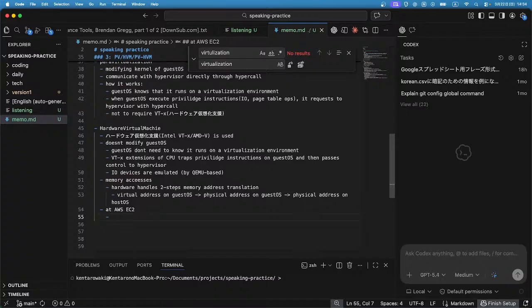And Windows AMI uses HVM because we cannot modify the source code of Windows, because Windows is not open sourced. So yeah, PV is impossible. So Windows also uses HVM.